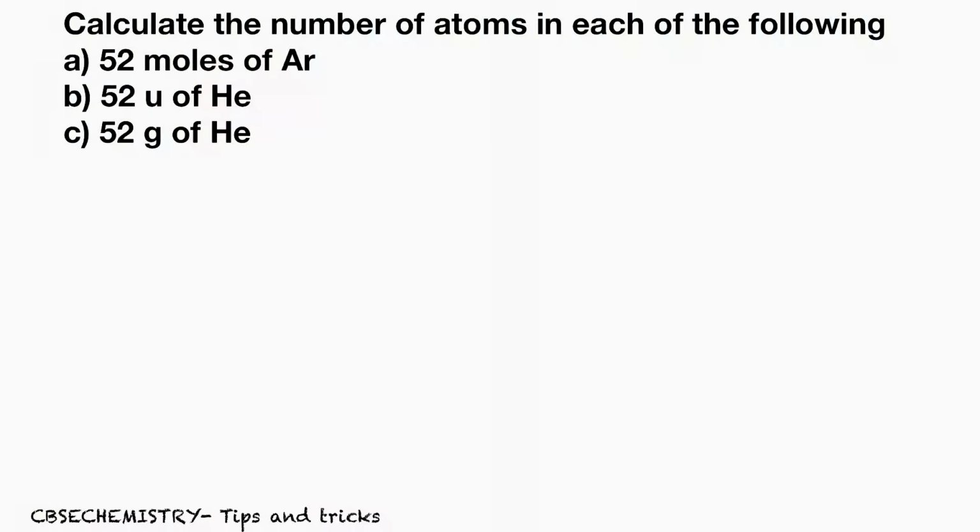Calculate the number of atoms in each of the following. First question is 52 moles of argon. Here they have given the number of moles and asked to find the number of atoms, right? Direct equation is there. What is that?